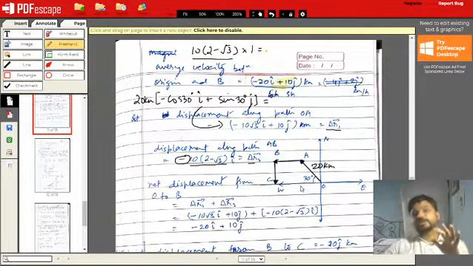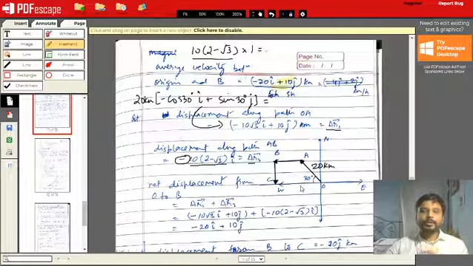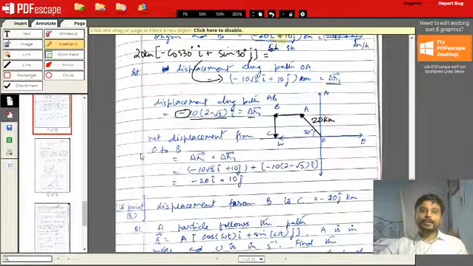The next part of the question is to find the average velocity of the particle between points O and B. That means we have to find the displacement of the particle between the points O and B. To find it, we simply add these two displacements, delta R1 and delta R2. When we add them, we get minus 10√3 i cap plus 10 j cap plus the delta R2 displacement.